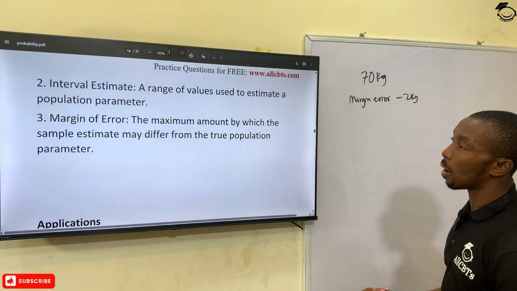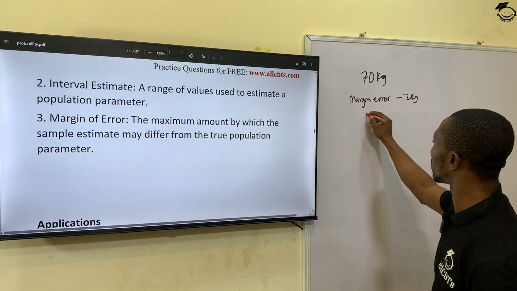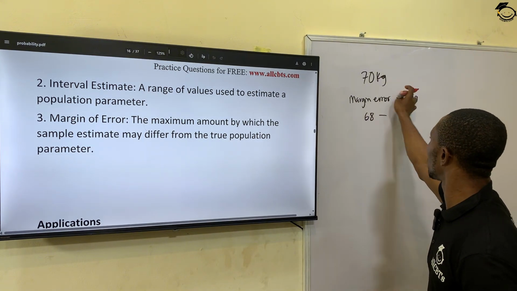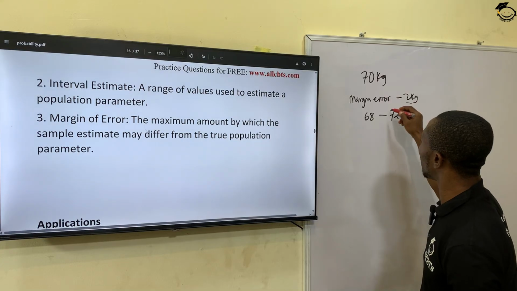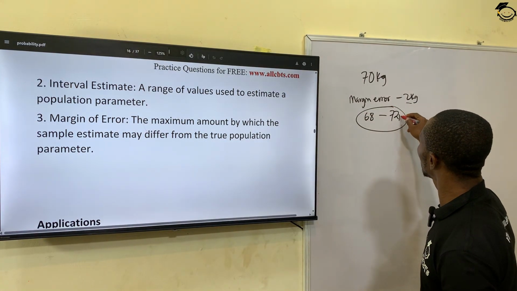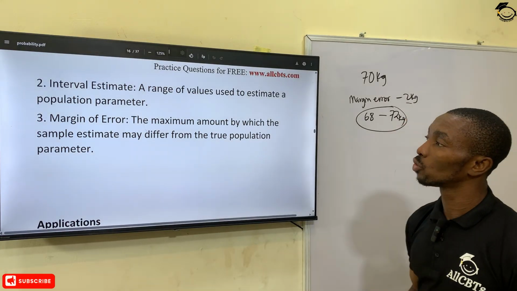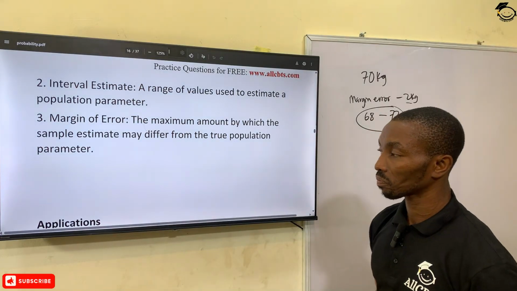Now, our margin of error will range between 70 minus 2, which is 68, to 70 plus 2, which is 72. So our margin of error will be 2 kg, and the range of our values will be between 68 to 72 kg. All right.